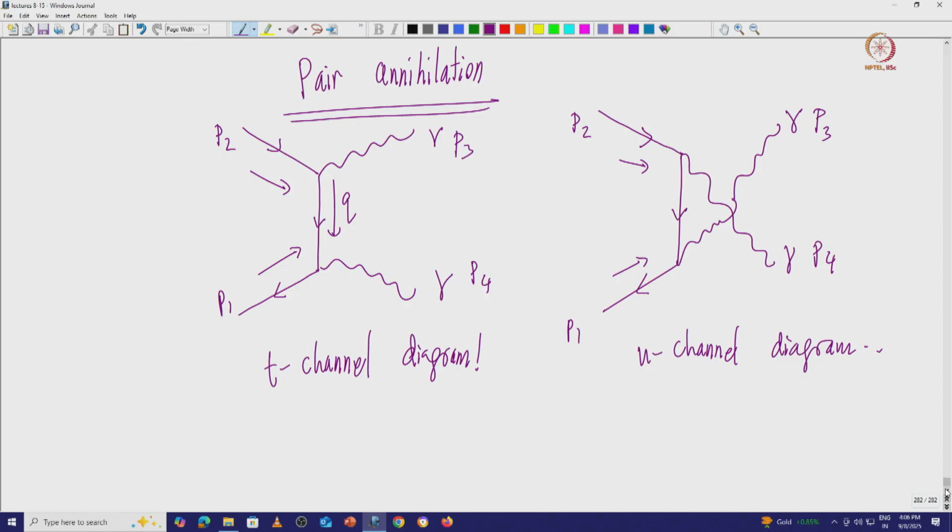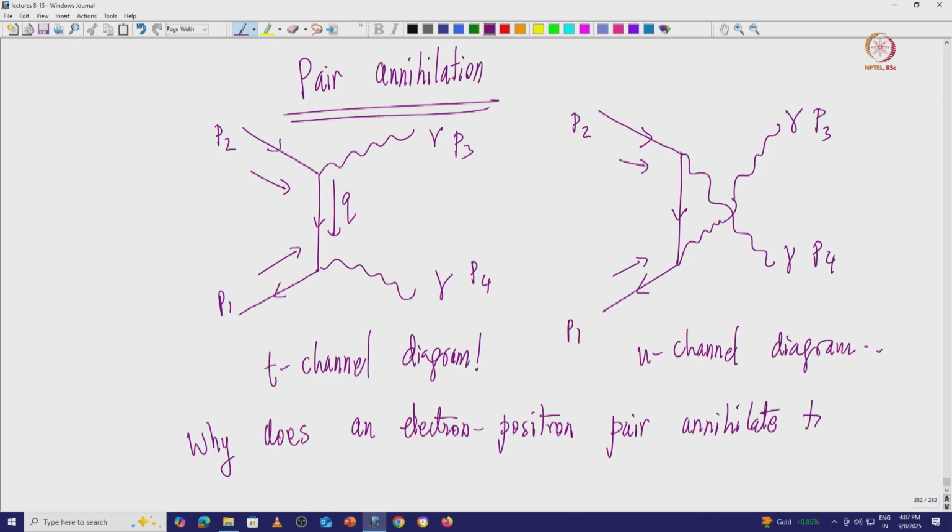So my question to all of you is: why does an electron positron pair annihilate to 2 photons?